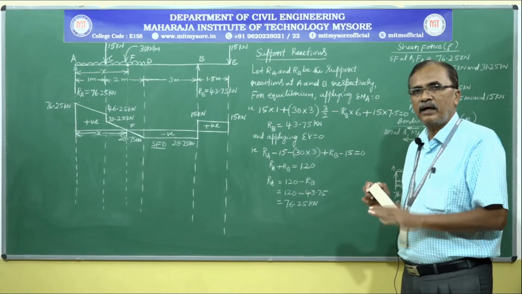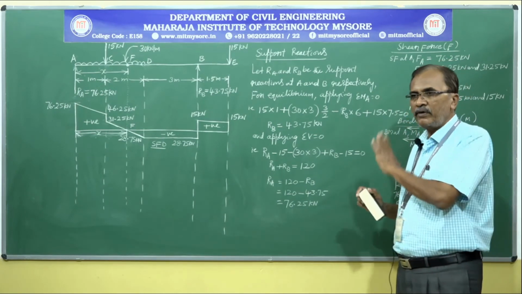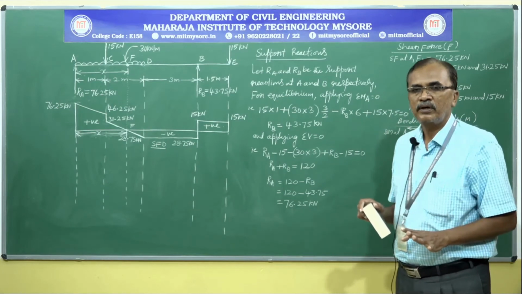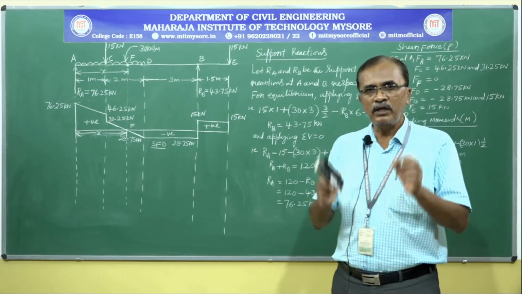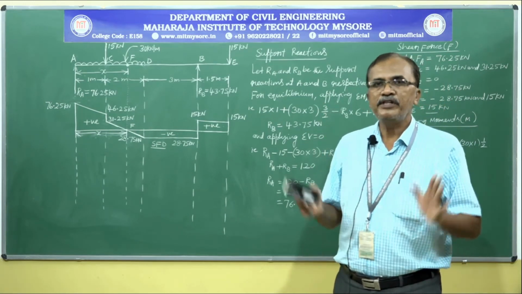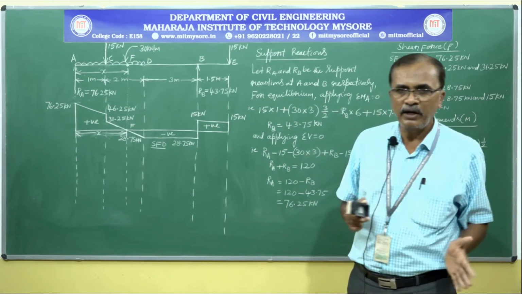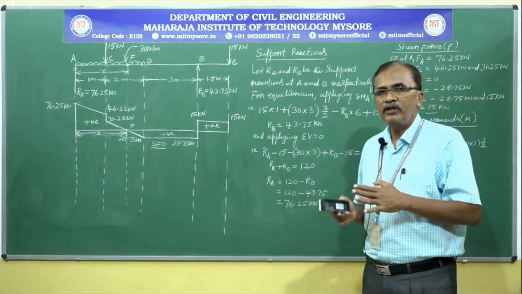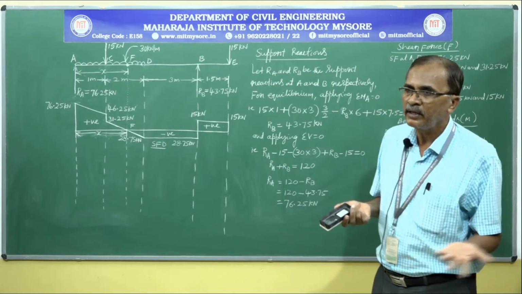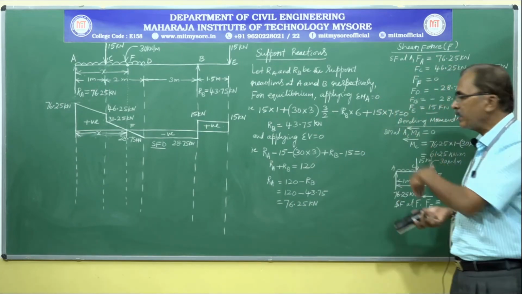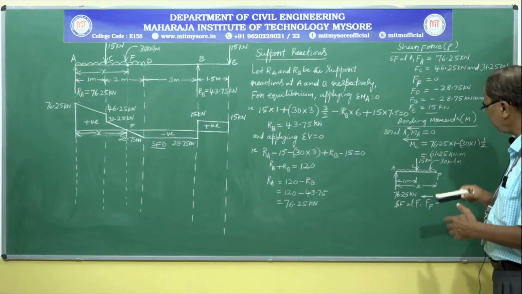To calculate shear force, always we have to treat it as a force. To calculate shear force at a point, we have to consider only those forces. If it is a point load, as it is, you consider the point load. If it is a uniformly distributed load, convert it into a point load. Along with the sign conventions, we have to consider.